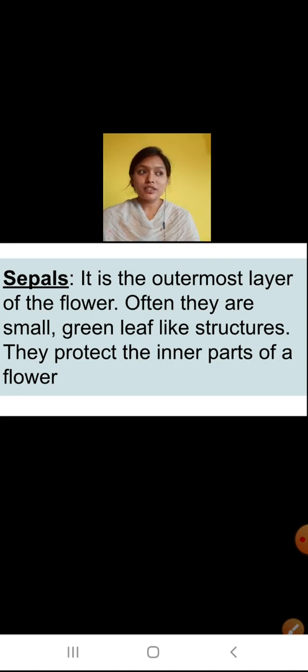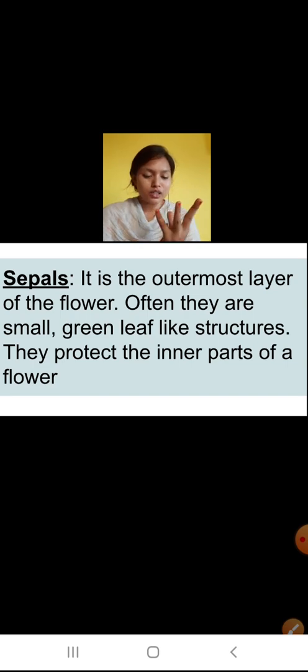As you must have seen a rose flower, when it is in the bud stage, a green leaf-type cover covers the flower. Inside that is the red flower, and outside that are the sepals, and slowly it begins to bloom.